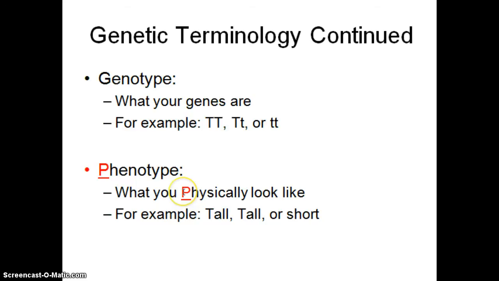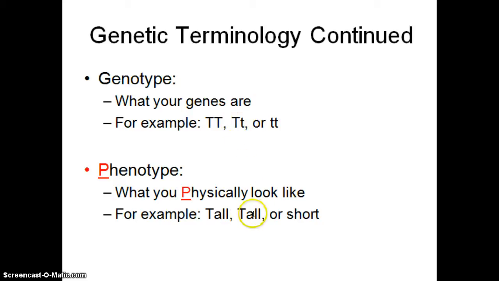So I've underlined here the P for phenotype, and P meaning physical, what the physical traits are. So if we take this homozygous dominant, we have two dominant genes. That's going to translate into someone being tall. So their genotype would be homozygous dominant, and their phenotype would be tall. Genotype of a heterozygous has one dominant and one recessive gene.